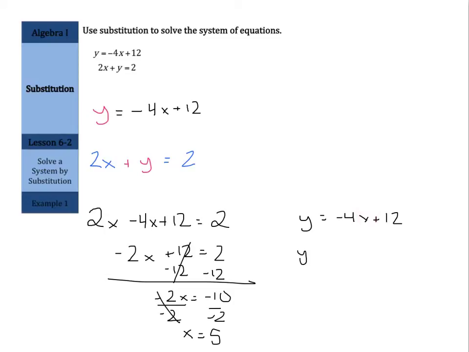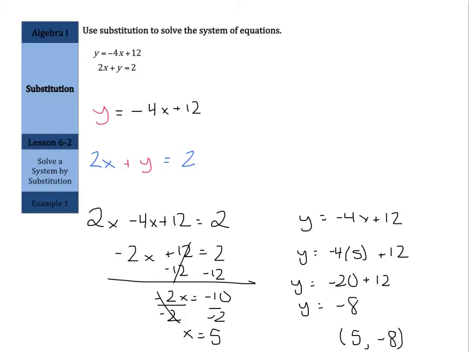So y equals negative 4 times 5 plus 12. Negative 4 times 5 is negative 20 plus 12, and y equals negative 8. So just like that, I have an x and I have a y. And my final part of step 3 is to write this as an ordered pair, where ordered pairs are x, y, so my answer is 5, negative 8.